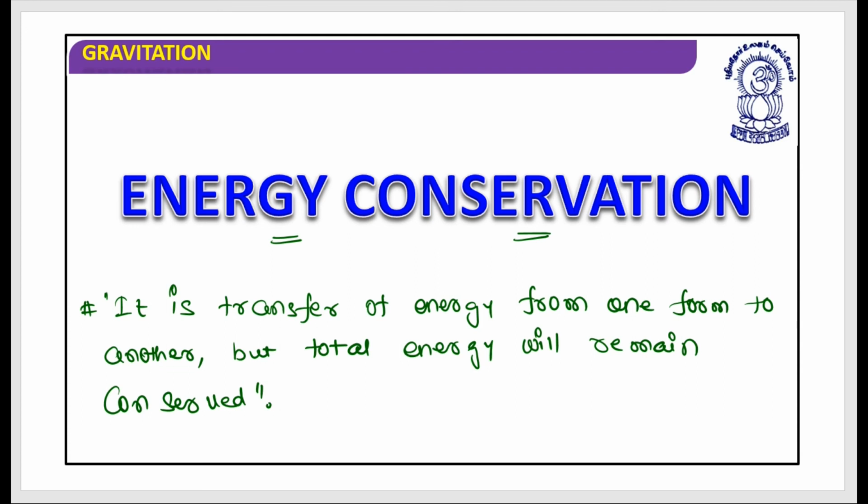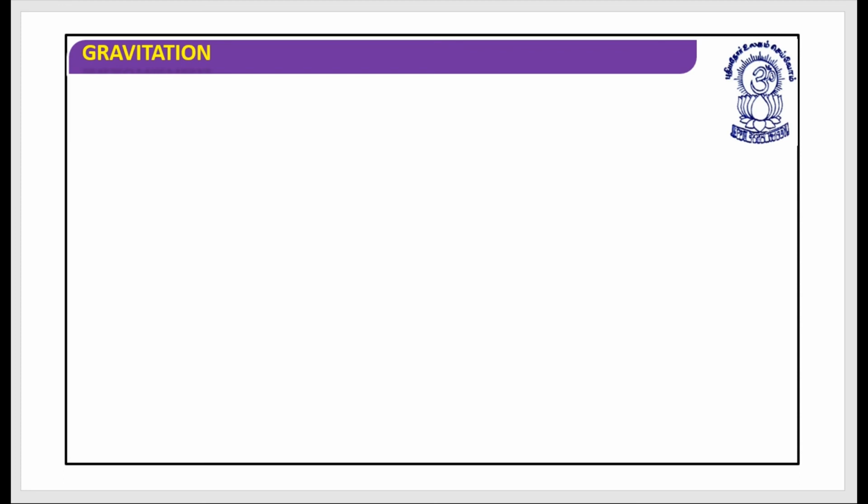So if initial total energy is 100, it is going to be 100 only. I hope this is clear. Are there any doubts up till now? Great. So let's look at this with the help of questions.